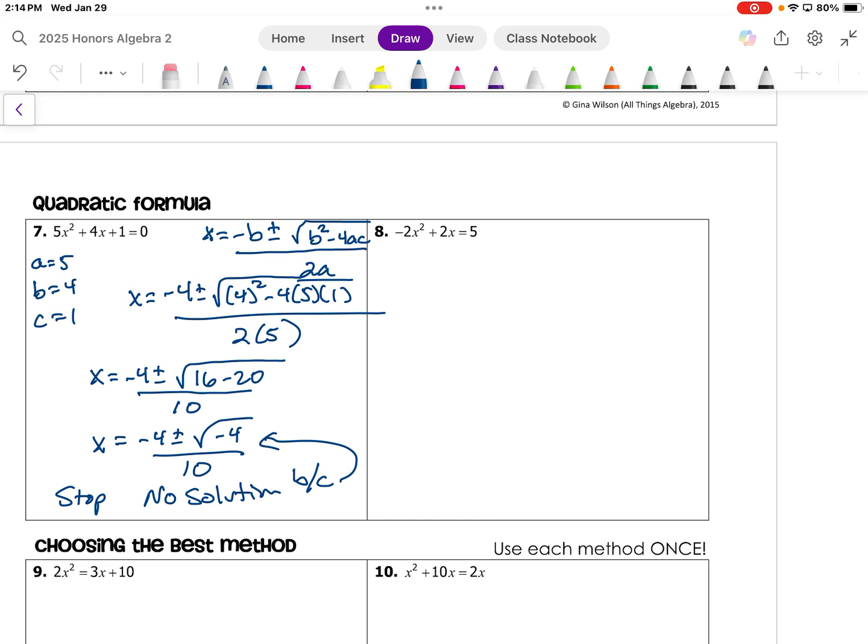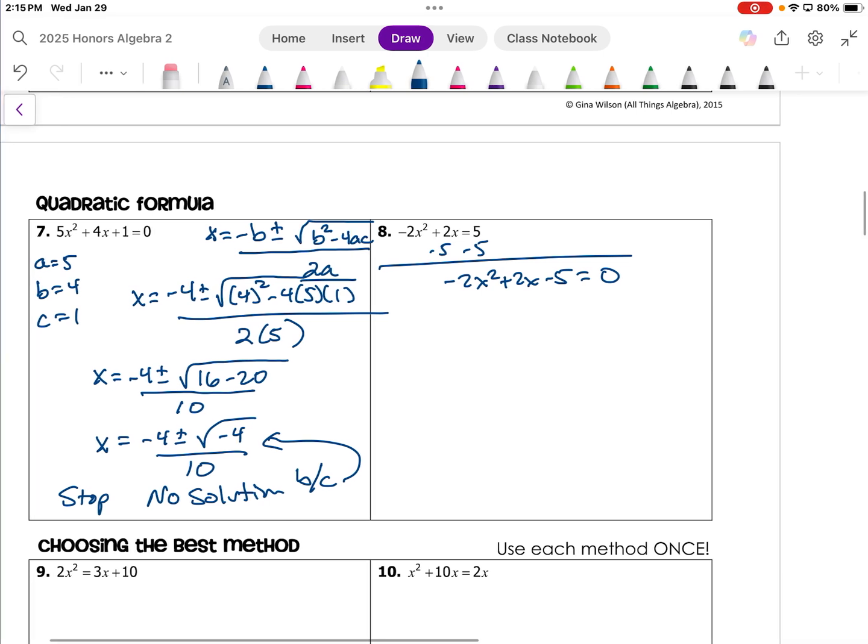Next one, got to bring the 5 back across. I get negative 2x squared plus 2x minus 5 equals 0. Now I identify my A, B's, and C's. Question? So do you like to reduce?